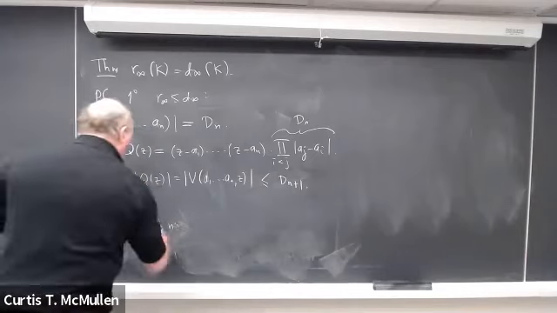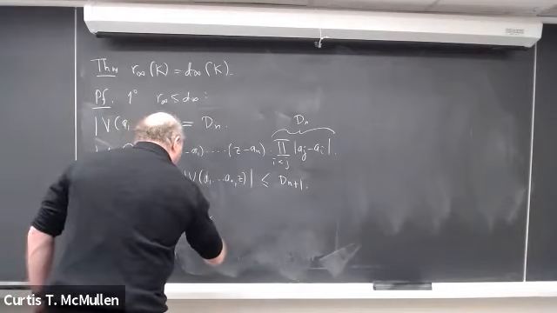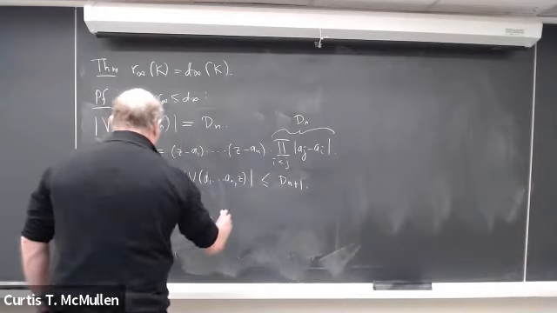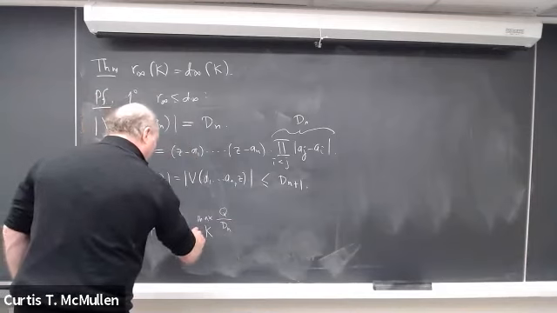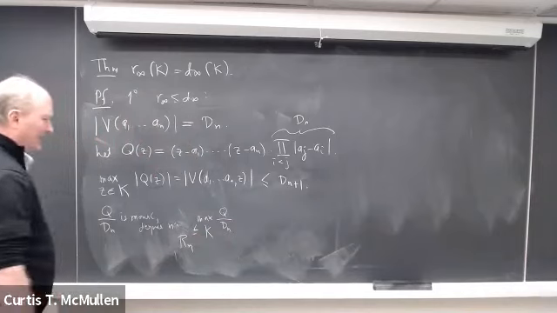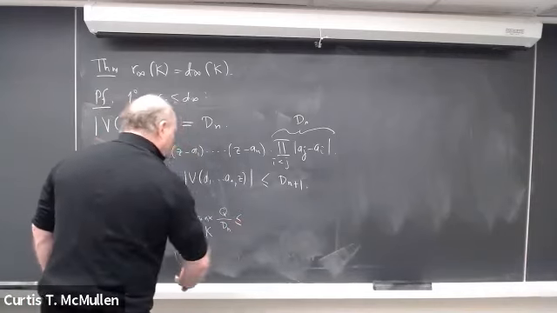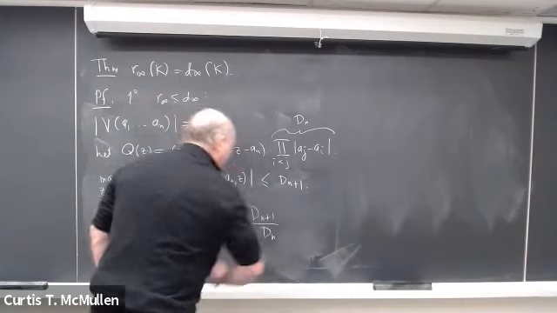And so therefore, the max over K of Q over d_n is an upper bound for R_n. But on the other hand, it's less than or equal to d_{n+1} over d_n.